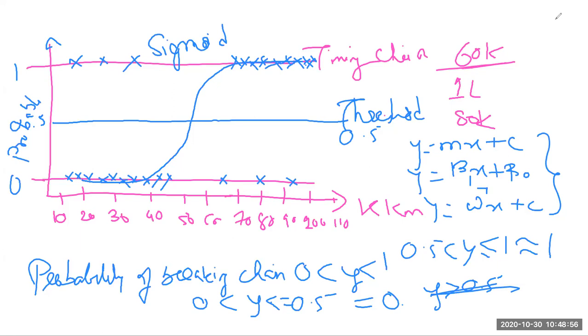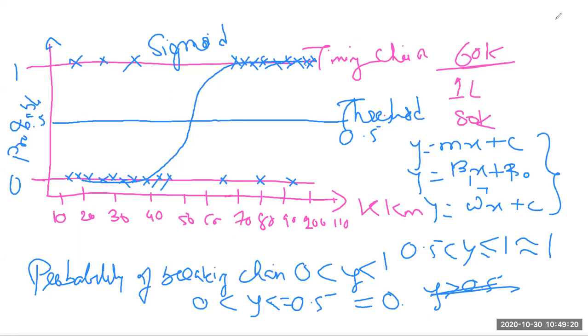If the probability of breaking the timing chain falls between 0 and 0.5, it will be classified as 0, that is, the timing chain will not break. And if the probability of breaking is between 0.5 and 1, it is classified as 1, meaning that the timing chain will break for the given reading. This is modeled using the sigmoid function.